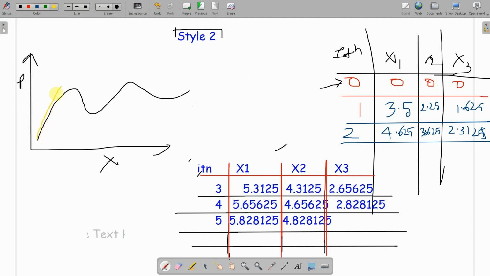Initially it might look like this. So this is your result after the first iteration, which is not near your true value, so there is error. Then you update the model, and after the second iteration it looks like this.